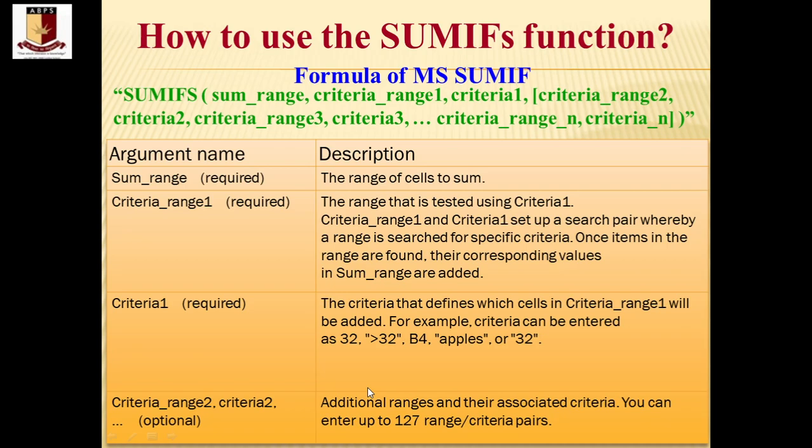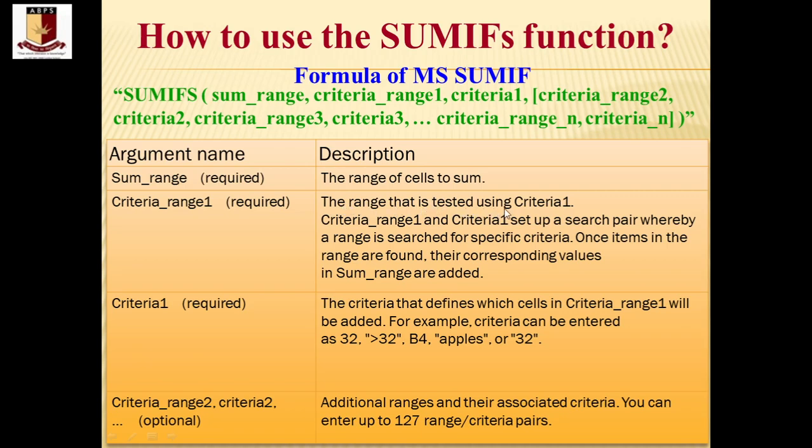So these are the different parameters that we are going to use in the SUMIFS function in MS Excel. The first one is the sum range, and this is required: the range of cells to sum. I'm again repeating, the range of cells to sum. Second one, criteria range, is also required, or mandatory we can say.